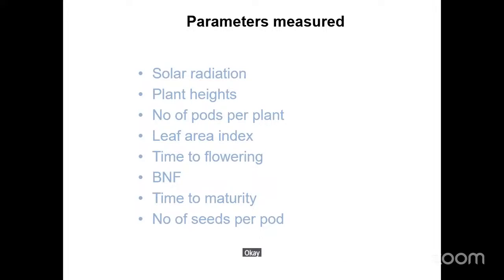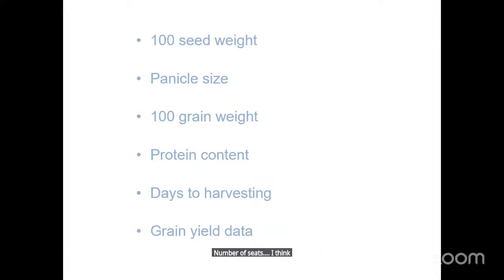Okay. Then plant height for both intercrops, number of pods per plant for the legume, leaf area index, time of flowering, biological nitrogen fixation for legumes, time to maturity for both, number of seeds, I think there are even more, 100 seed weight.